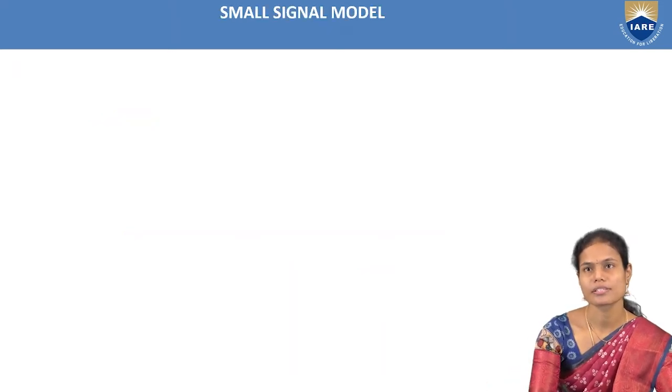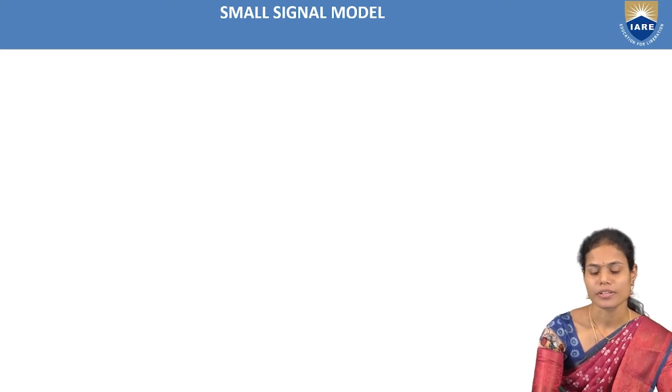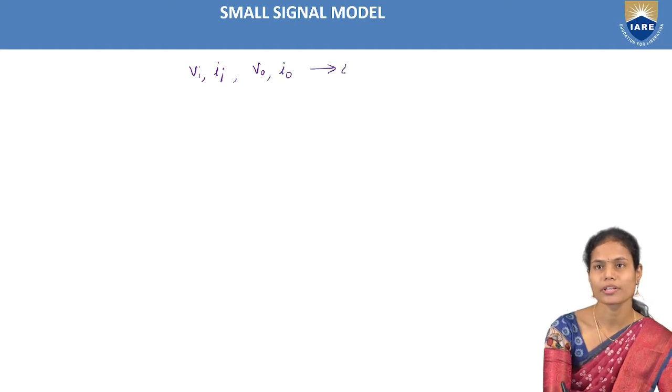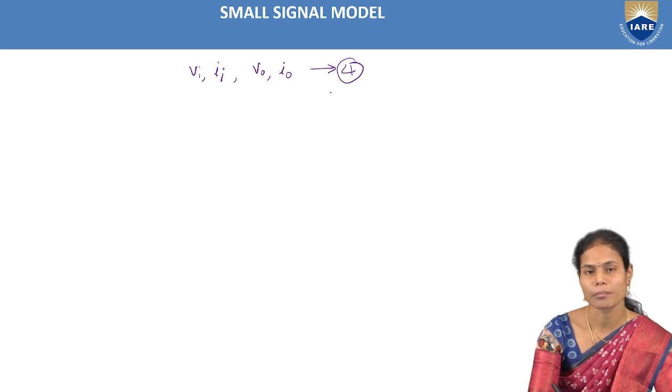Next, how will we get this small signal model from the given transistor? In the case of the small signal model, by using the four parameters of the transistor, that is input voltage, input current, output voltage and output current, we can find the hybrid parameters of the circuit. After finding the hybrid parameters, we can draw the hybrid equivalent circuit of the given amplifier.